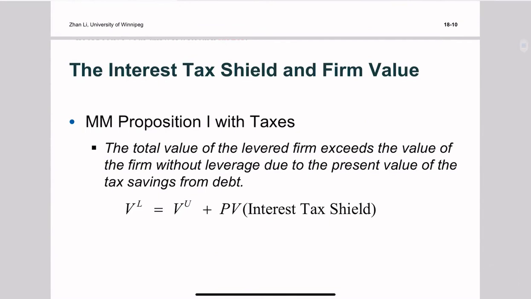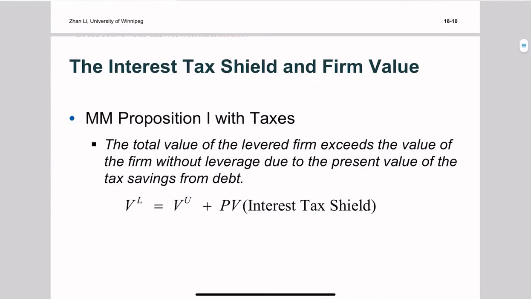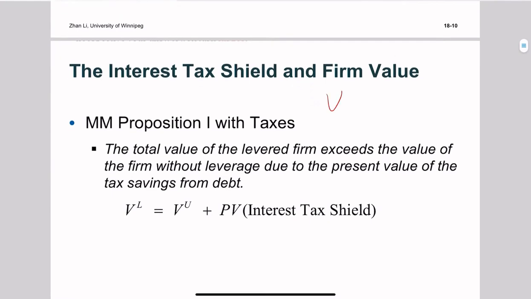That is, value interest tax shield. So first, let's talk about MM proposition with taxes. Remember, we discussed MM proposition 1 without taxes. It basically says V equals E plus D. That is, a firm's value equals the market value of equity plus debt.